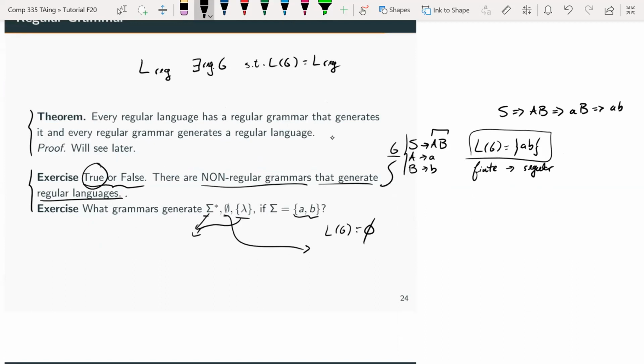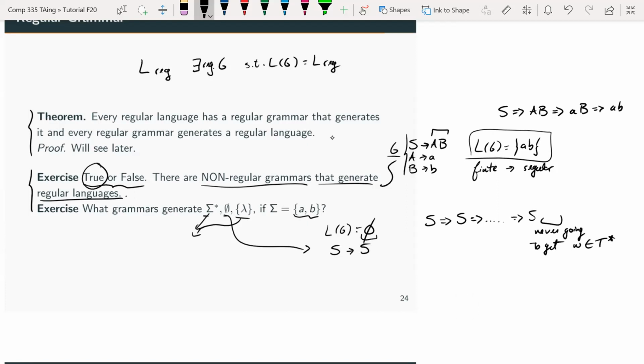There's actually a fairly easy one you could write, which would just be S gives you S. The reason this generates the empty language is that if you start at your start variable S, the only production rule you can use is S gives you S. You can repeat that forever, and you're never going to get a string of terminals.